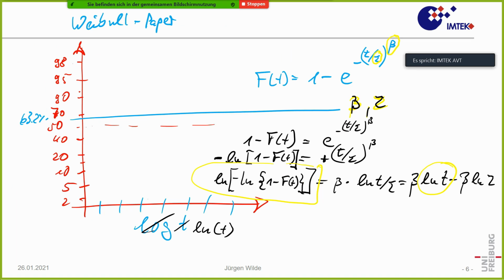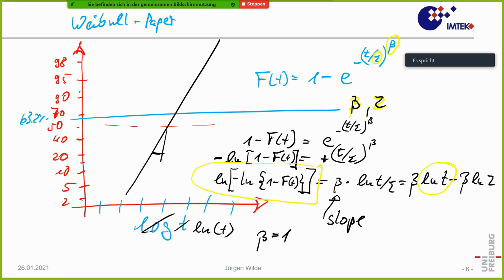Okay. And again, an important parameter is, of course, the tau, the time constant, where we have 63.2% of failures. And the second is the slope, which is identical to the beta value.